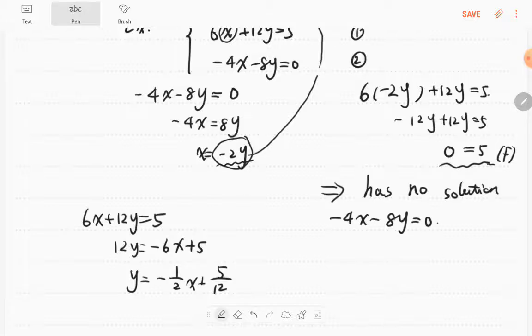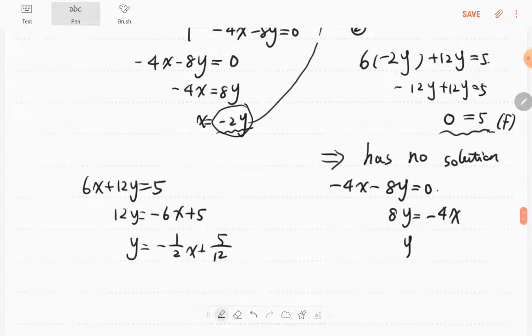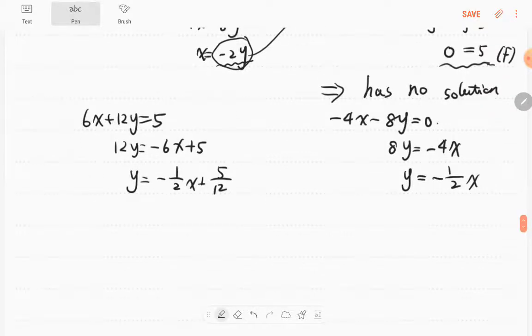So we will get 8y equals negative 4x. And we will have this as the slope-intercept form. Then we observe these two slope-intercept forms. We know they have the same slope, right? But they have different intercepts.